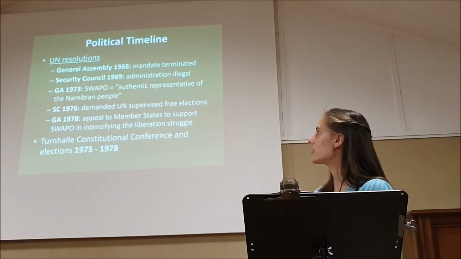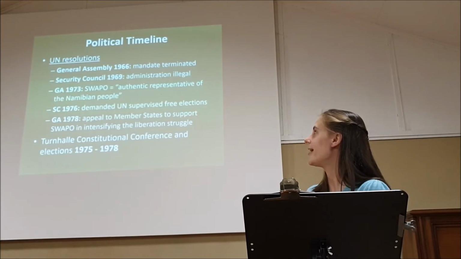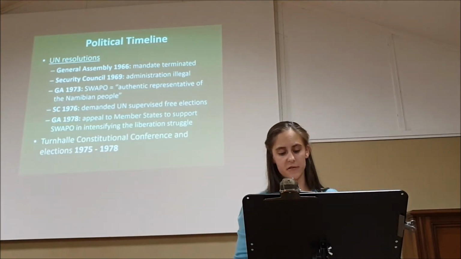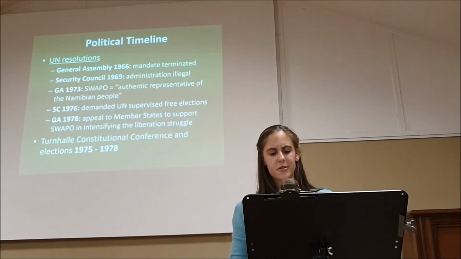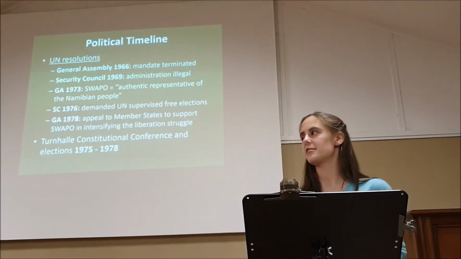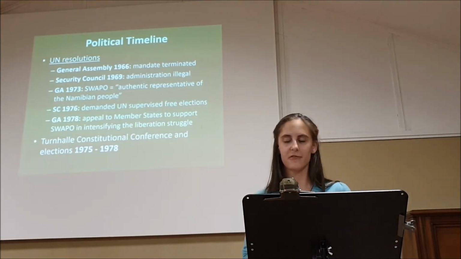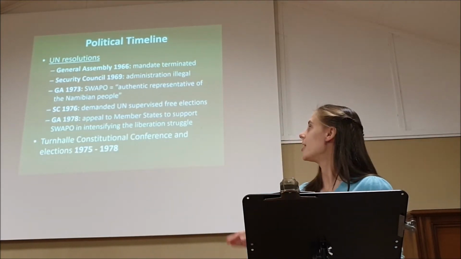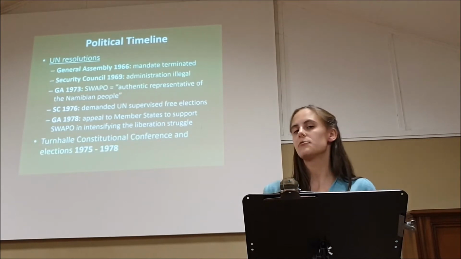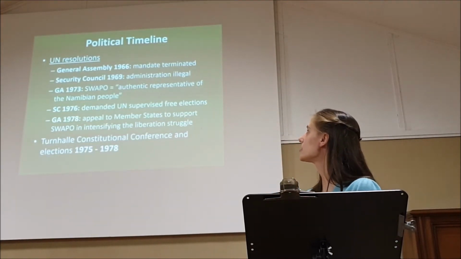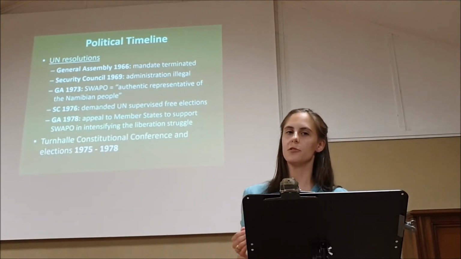The next resolution, the General Assembly resolution in 1973, I'm not giving you all the numbers because if you want them, I'll just send them to you. I figure it's way too many numbers on the screen if I give you the specifics. So in 1973, SWAPO was recognized as the authentic representative of the Namibian people.